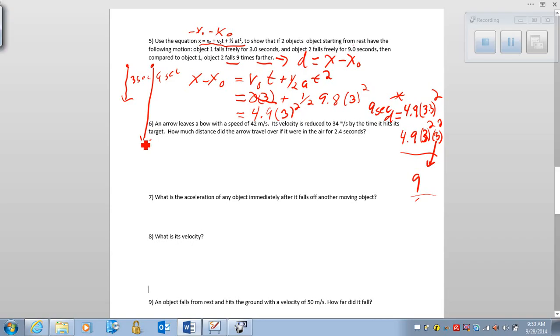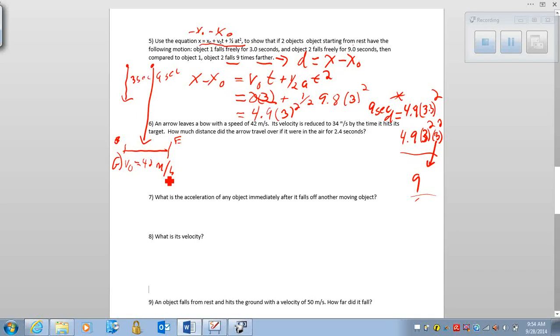So again, the first thing we do is draw ourselves a little picture. Here's the beginning where the arrow starts, and here's the end where it hits the target. It leaves the bow with a speed of 42 meters per second. So for our givens, at the beginning our initial velocity is equal to 42 meters per second.